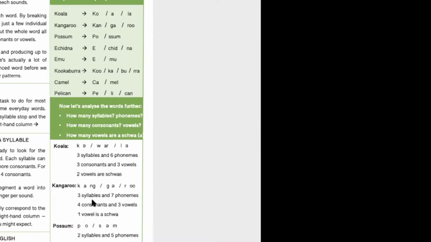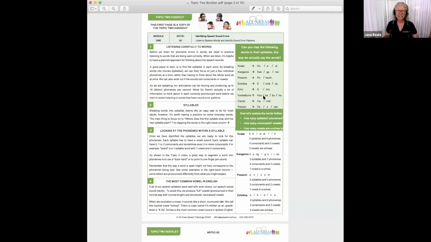Kangaroo. Or is it kangaroo? Possum, possum. Well, that one actually sort of is about right, possum. But what about echidna? If you were from another country and you didn't speak English and you read that, you might go, echidna. Look at that, echidna.